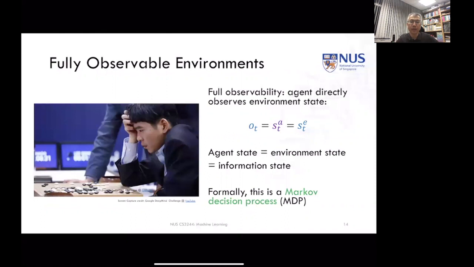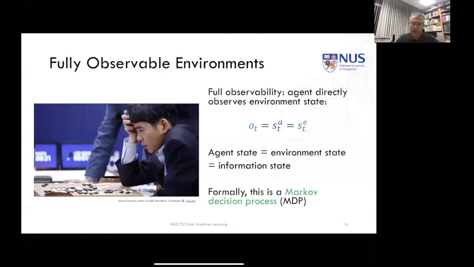So this gets us back to the idea of what's going on in the environment, right? We said that we might have a case where the environment is completely transparent to the agent, or a fully observable environment. An example of that is the game of Go or chess, where all the pieces on the board are clearly in their position, and there's no uncertainty about what the environment represents, right?